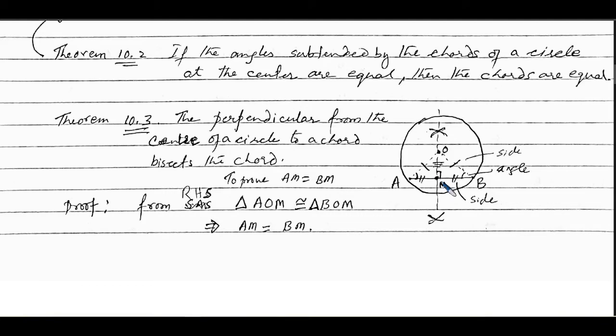So this is a right angle triangle, your hypotenuse is the radius, which is the same for both triangles. This is triangle 1, this is triangle 2, the hypotenuse is the same, and the side is also the same. This is a common side. So for a right angle triangle, if the hypotenuse and one side are the same, the triangles are congruent. So from CPCT again, this length will be equal to this, AM is equal to BM.